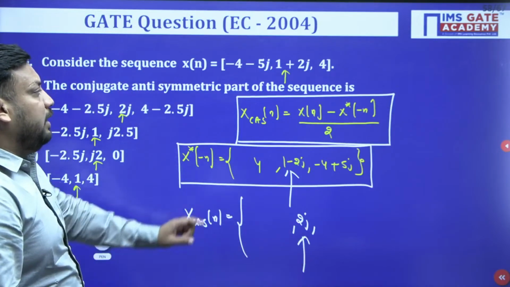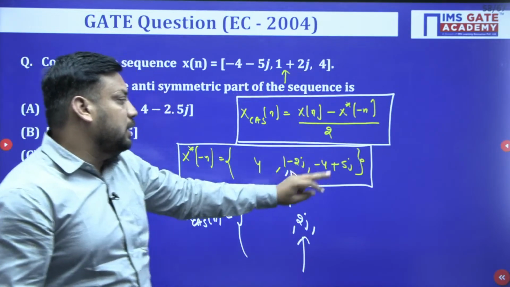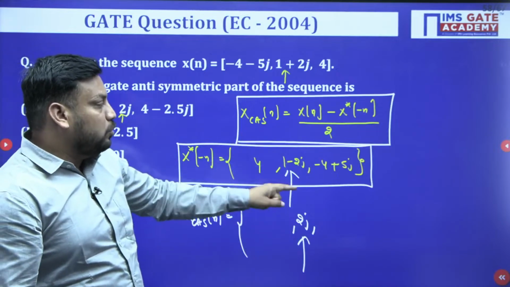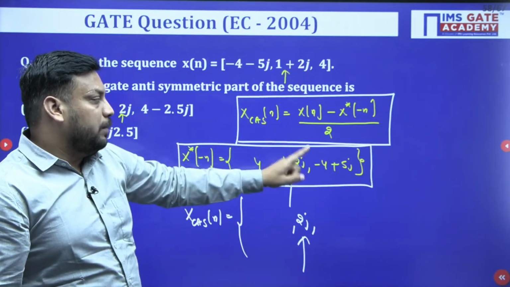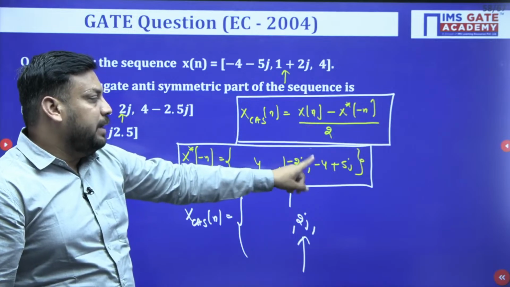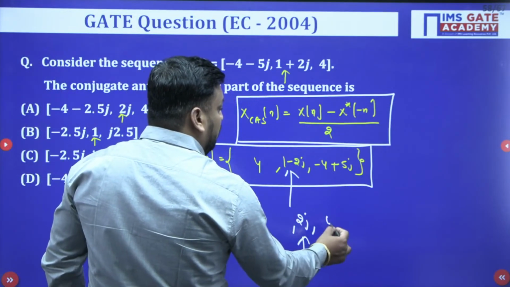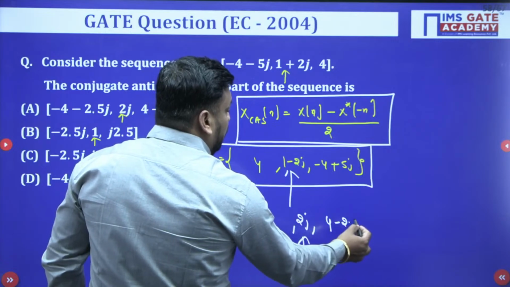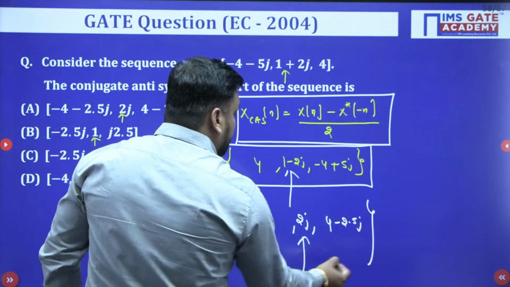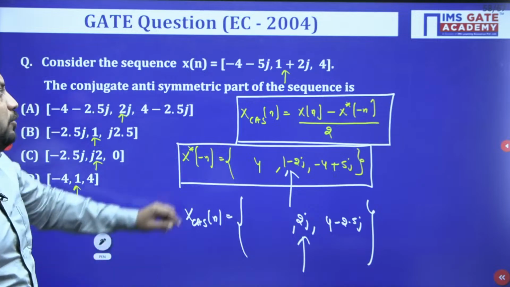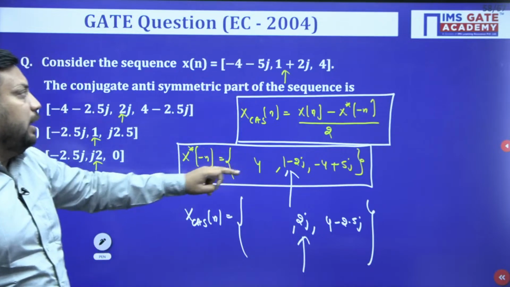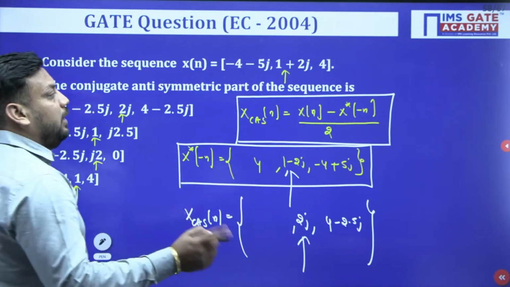If I talk about the next part, here is 4 and here is minus 4 plus 5j, but we have to subtract. So when you subtract, it will become 8 minus 5j. When you divide, it will be 4 minus 2.5j. Similarly, at this point you will have minus 4 minus 5j and minus 4, so it will become minus 8.